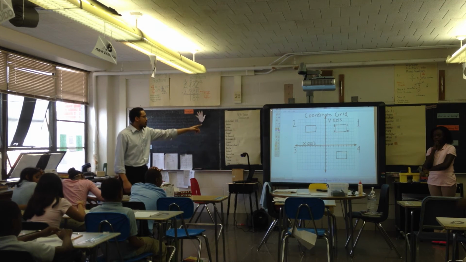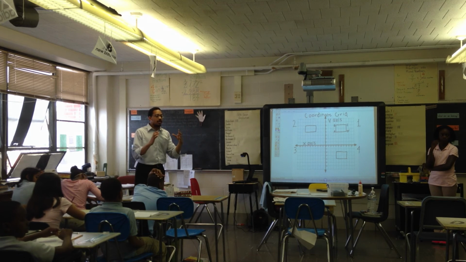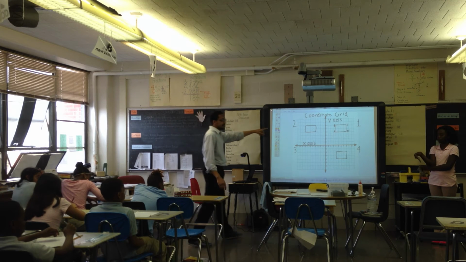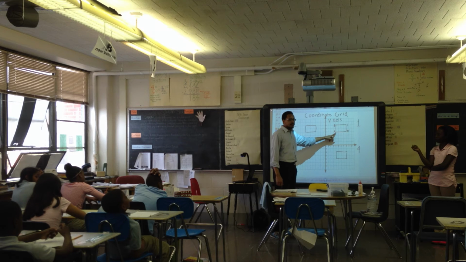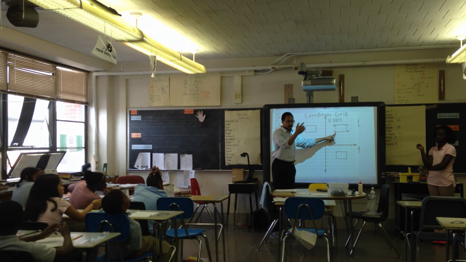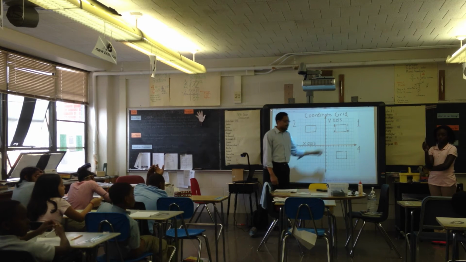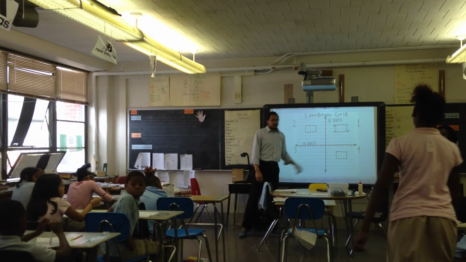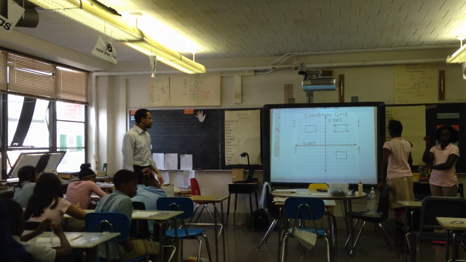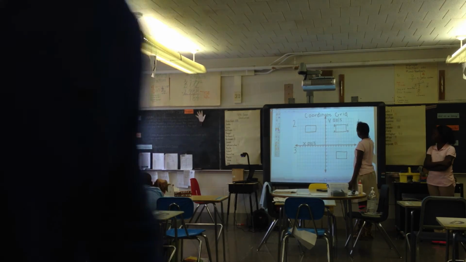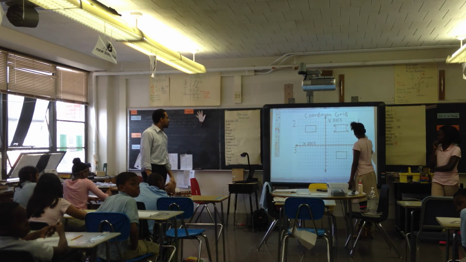Down, I saw your hand first. So can you give us the ordered pair for A? Yeah, keep them up here. These will be at the beginning. So A is what?